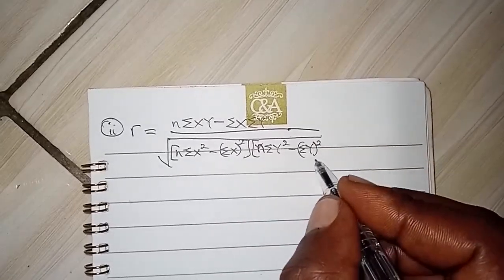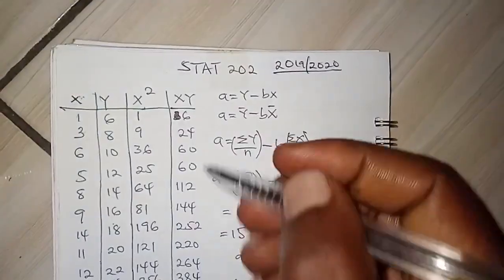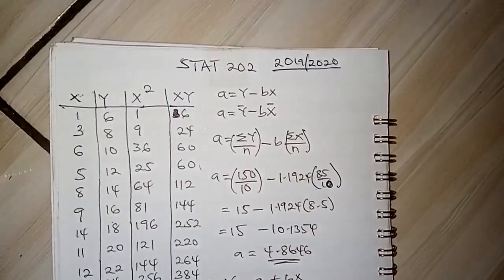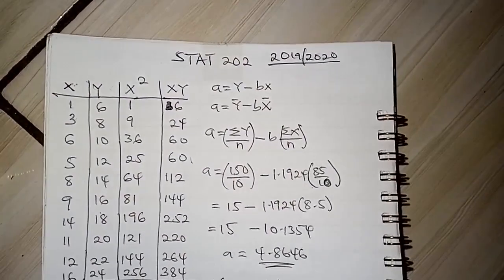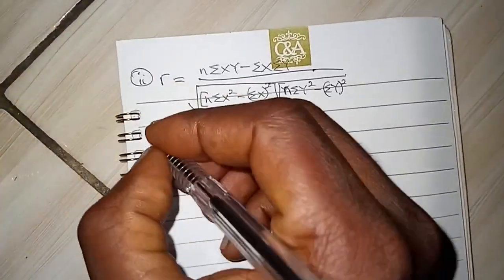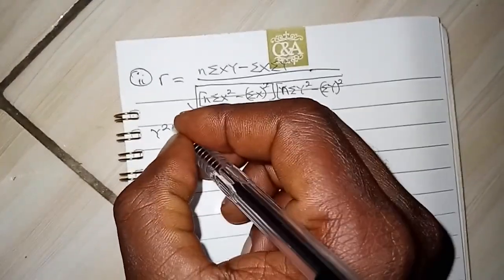So this is the correlation. In the table we just need to add y squared also, so instead of drawing the table again, we just add a column for y squared.